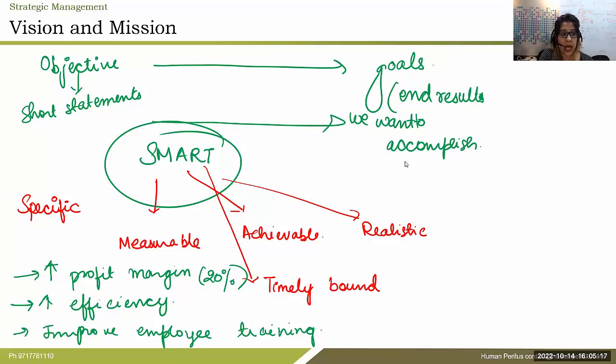For example, the vision statement of my institute, Human Peritus, is that I want to be the world-class institution providing knowledge. What can be more than this? Tell me. I want to be a world-class institution, right? My mission can change. As in, now I'm teaching UPSC management students. I might teach UPSC anthropology students.